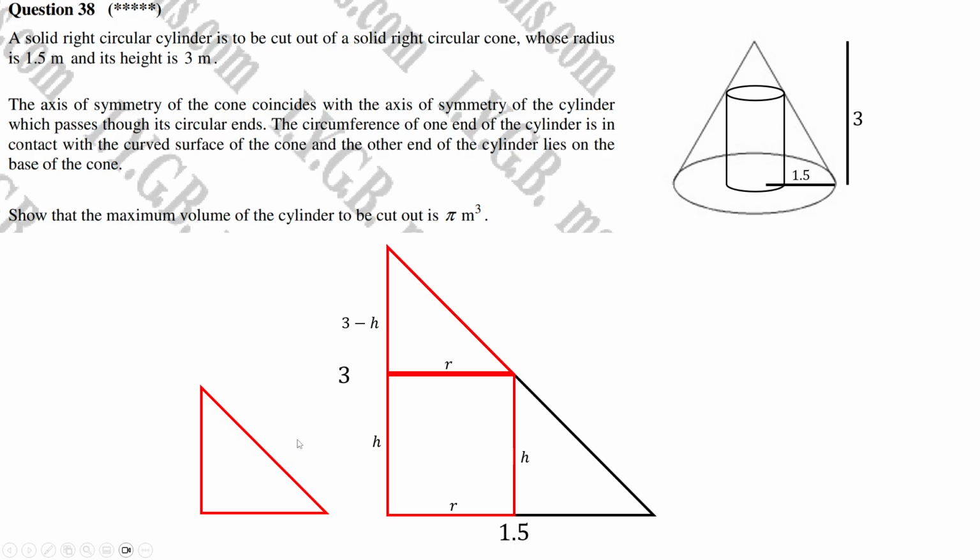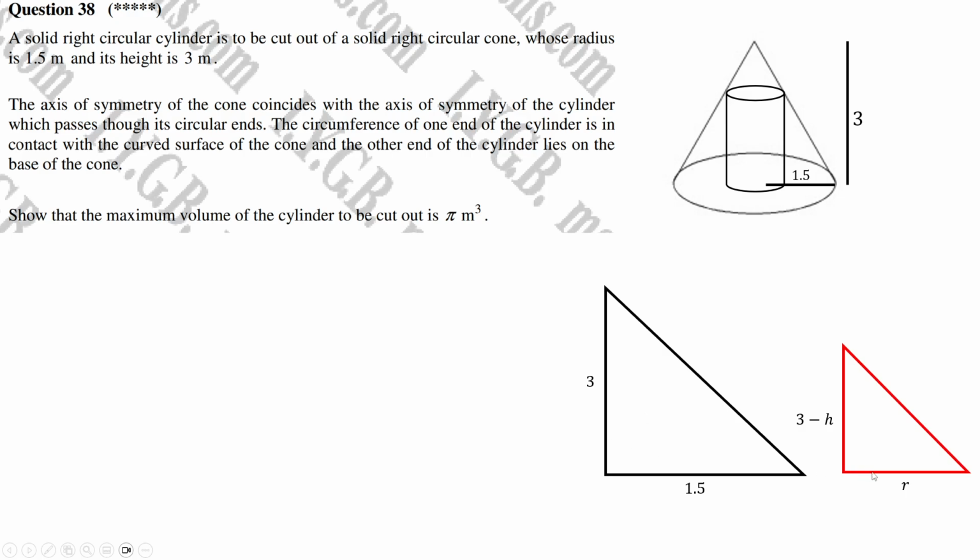I don't think I actually wrote that on for some reason. It doesn't even matter actually, because we can just consider this triangle and then use similar triangles with this bigger triangle. So if this is r, this is 3 minus h, and then we look at this bigger triangle, 3, 1.5. Then we'll do this: 3 minus h divided by 3 equals r divided by 1.5.